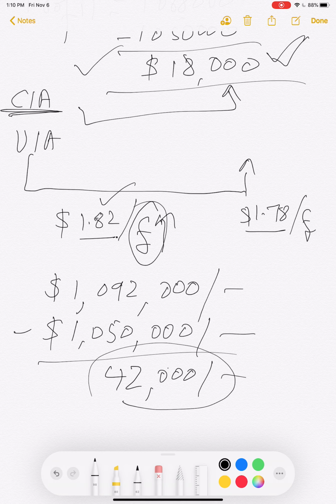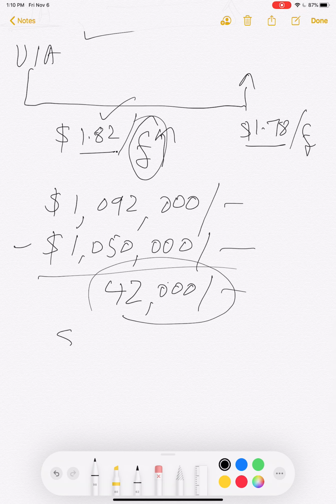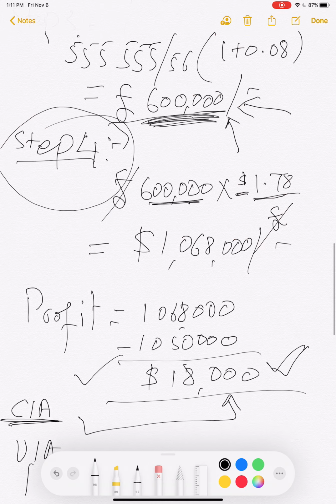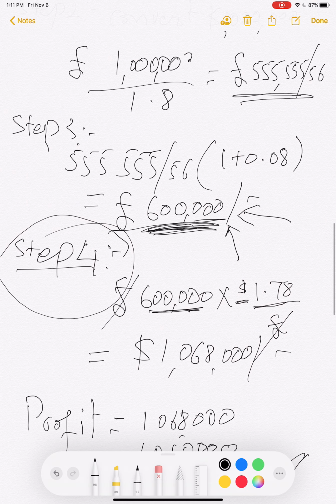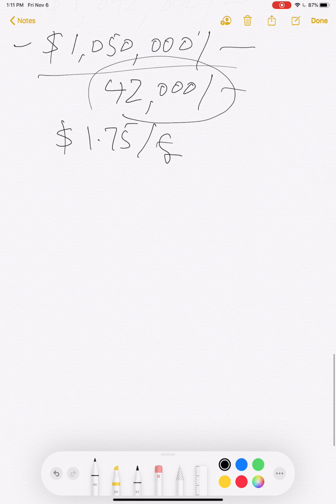But again, it's a chance, because after a year maybe the spot rate could have turned out to be 1.75 per pound. In that case, how much will you get? Multiply 600,000, your proceeds from the pound in step 3, with 1.75, and you will actually get 1,050,000 back, right?